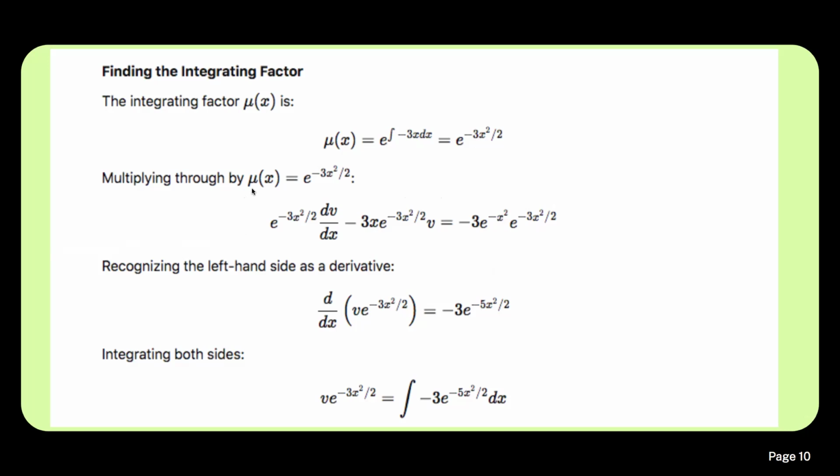Multiplying through by mu(x) and substituting it into the original equation, we get this form, which is the equation of v(x).